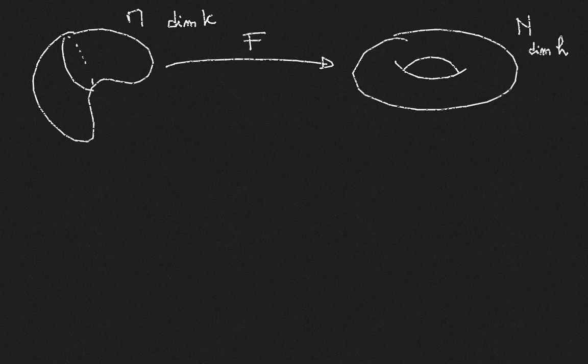And you have a function, f. What does it mean that the function is smooth? Well, on M and on N, you have coordinate charts.